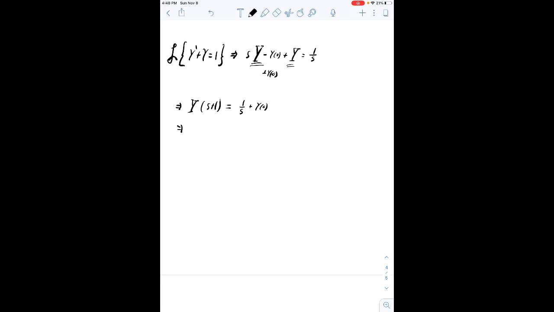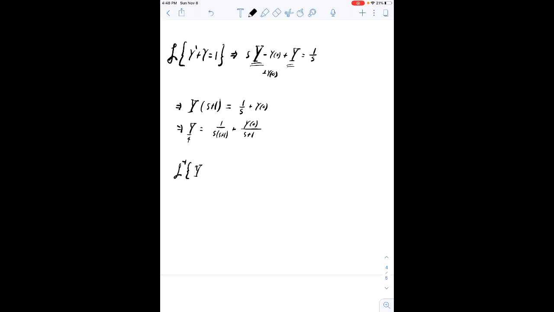And then dividing by s plus 1, we get this equation right here. Since we have the Laplace transform of y on this side, we can now take an inverse Laplace transform.